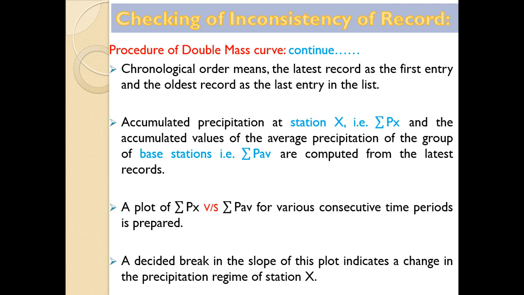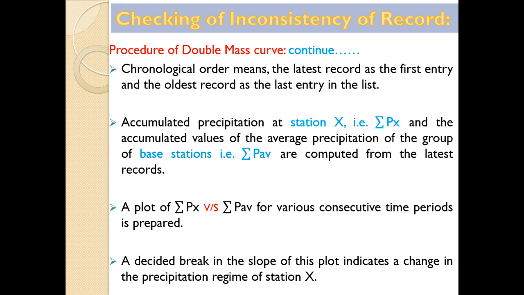After arranging the data in reverse chronological order, summation Px, the accumulated precipitation at station X, and summation PAV, the summation of average precipitation of base stations, are calculated.